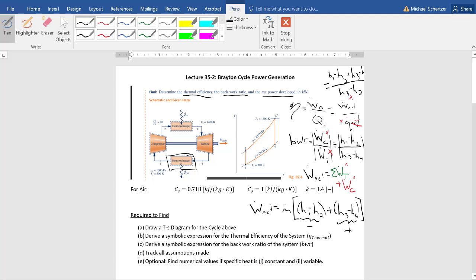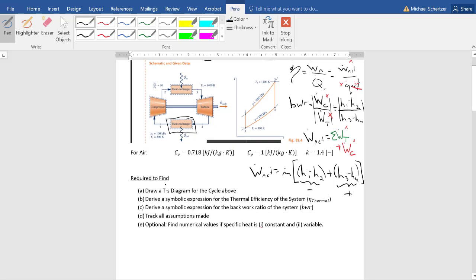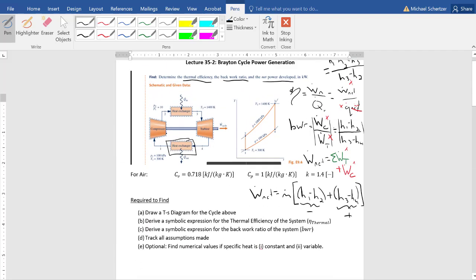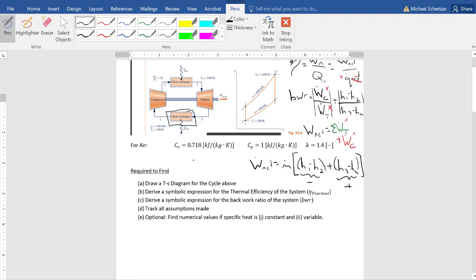We know at state 1, it's 100 kilopascals and 300 degrees Kelvin. At state 2, I don't know too much, but it tells me that P2 over P1 is equal to 10.